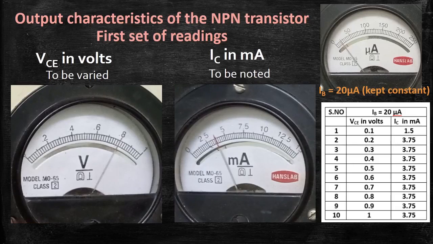Now it is increased from 0.8 to 0.9 volt, and the corresponding IC again shows 3.75. Now it is increased from 0.9 to 1 volt. No change in the IC value, again 3.75. So I have taken the first set of values when IB was kept at 20 microampere. Understood?